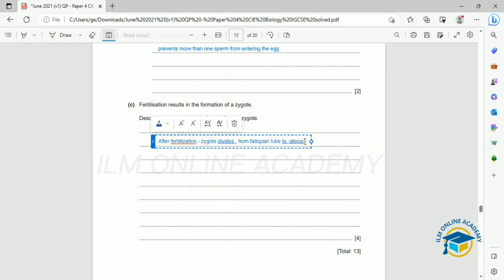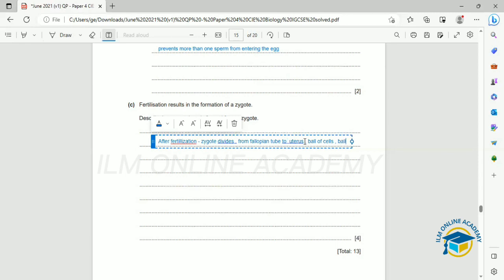Firstly, the zygote is going to divide into a ball of cells. Okay, firstly into a solid ball of cells, and then into a hollow ball of cells, which is named as blastocyst.